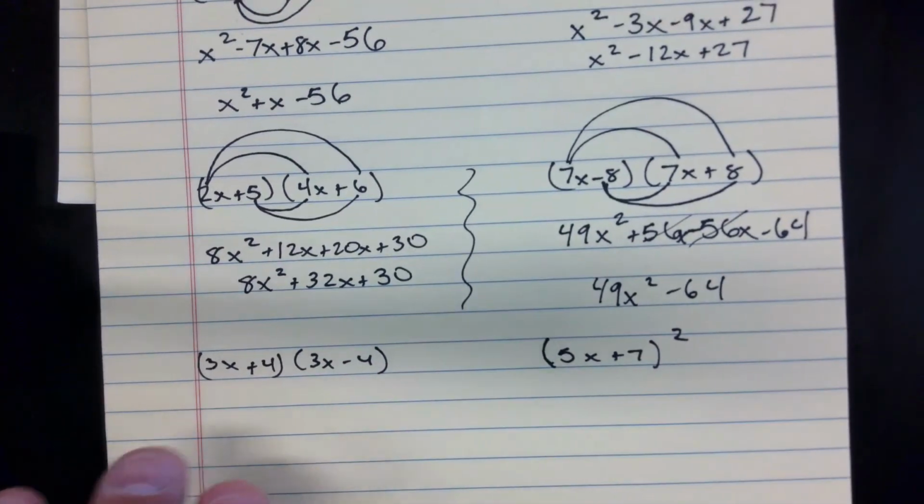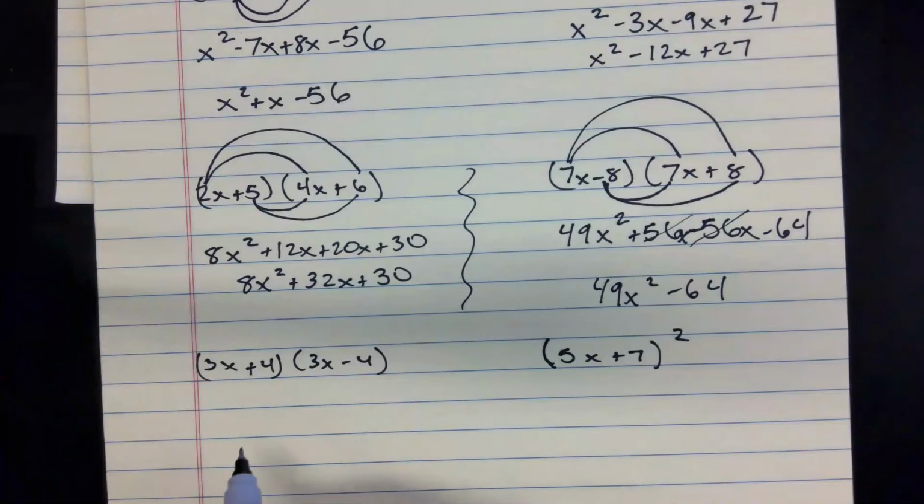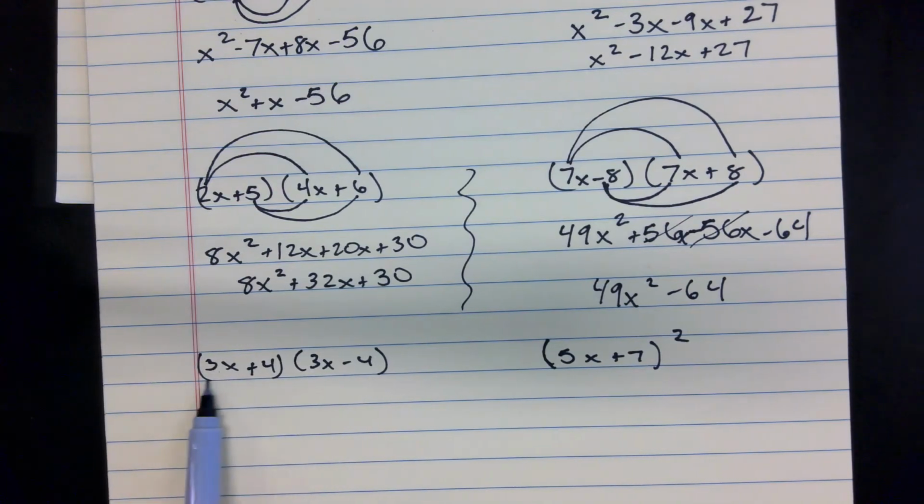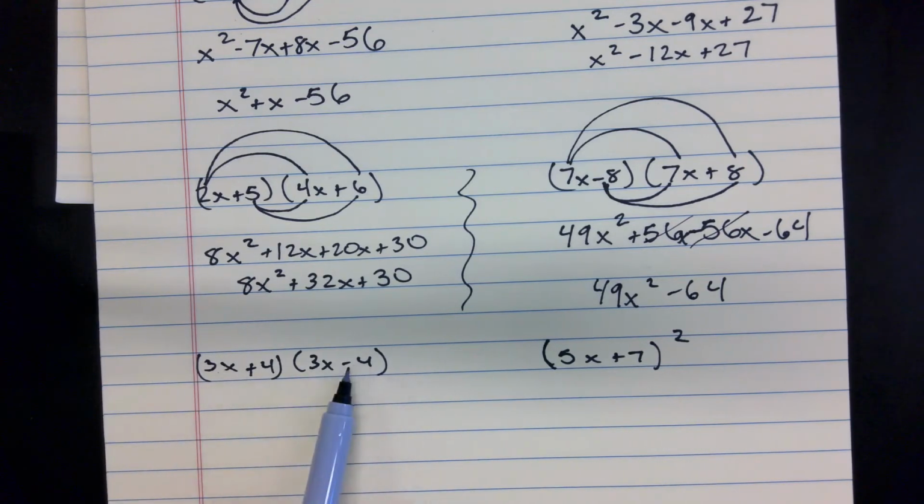So look at this bottom one real quick. We have a 3x plus 4 and a 3x minus 4. Are the terms the same? Do both of these binomials have a 3x? Yeah. Do they both have a 4? Yeah. Are the signs different?